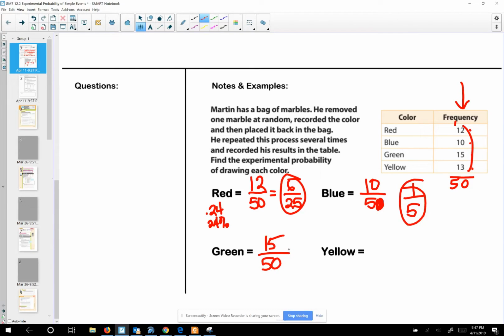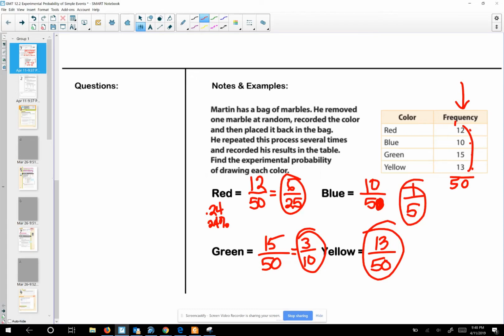That also can be simplified to the fraction, let's see, divide by 5, 3/10, okay? Which as a decimal would be 0.3, and then it'd be 30%. Last but not least is yellow, 13/50ths, and that one's in simplest form because 13 and 50, no common factors.